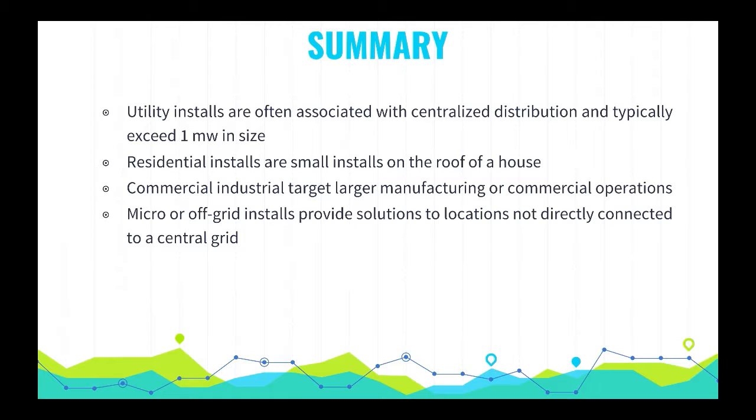We learned that commercial business owners generally do not like to own the solar system, but rather prefer just to buy that power through a power purchase agreement or to lease the area to the developer. We learned about utility scale solar, which is usually greater than 2 megawatts, but can even start off at about 1 megawatt in size. And then we also learned about microgrid, which is really a grid that includes solar and battery storage that's not directly connected to the central grid.